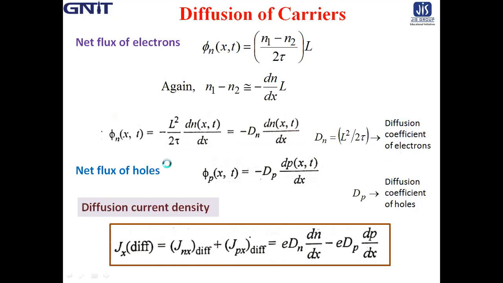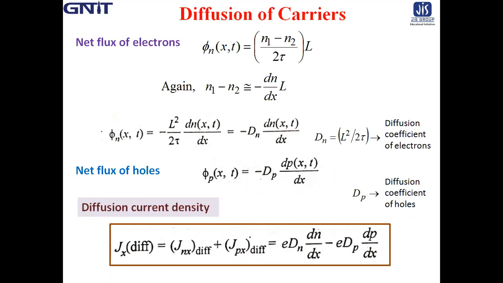Similarly, the net flux of holes due to hole concentration gradient can be obtained and is given by phi p(x,t) equal to minus Dp into dp(x,t) by dx, where Dp is the diffusion coefficient of hole.